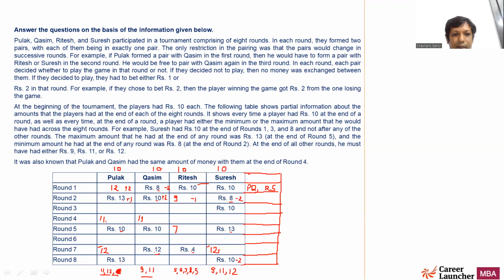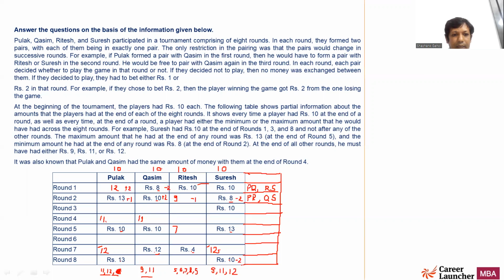So basically, Pulak is gaining 1 rupee. Ritesh is losing 1 rupee. So Pulak and Ritesh must form a pair, as well as Q and S must form a pair because the money won is equal to money lost. Now I have 13 plus 10, that's 23. Now I have to make it how much?